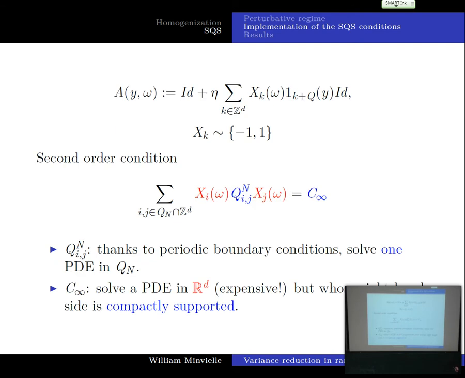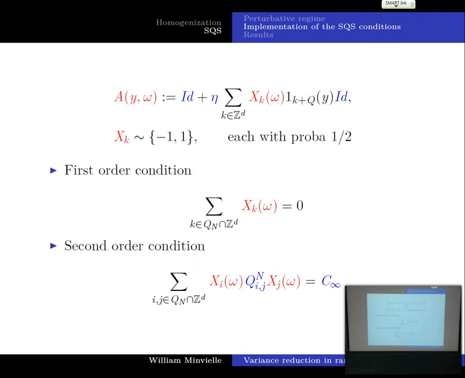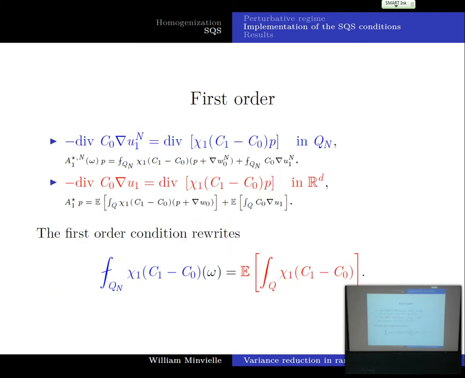The second order condition is a little bit more difficult because I've got to compute those guys, and to compute those guys, I just have to flash back into the solution of this guy. Actually it's not too difficult because I've got here a constant matrix.